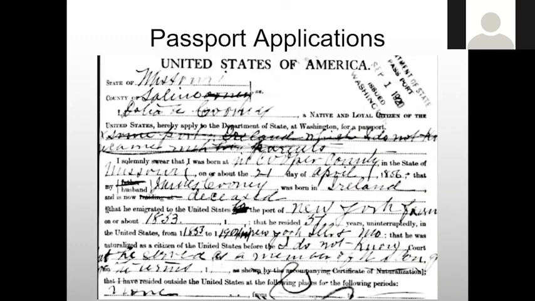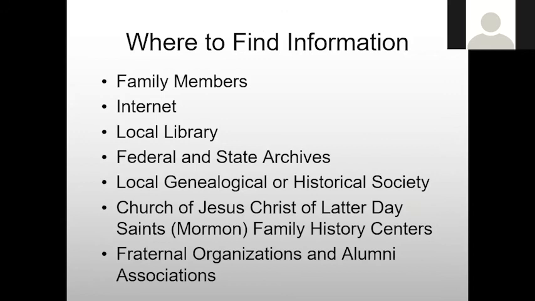Passport applications, a real messy one, but this is a relative of mine, Dosha Cooney. It tells where she was born in Missouri. It tells us that her husband is deceased. And on the backside, it gives physical description as well as a small picture in the lower right-hand corner.